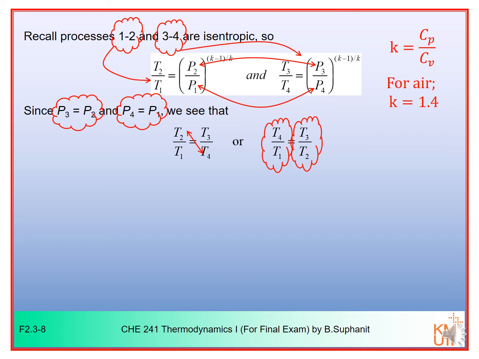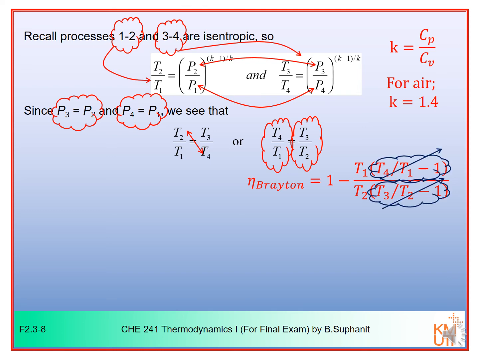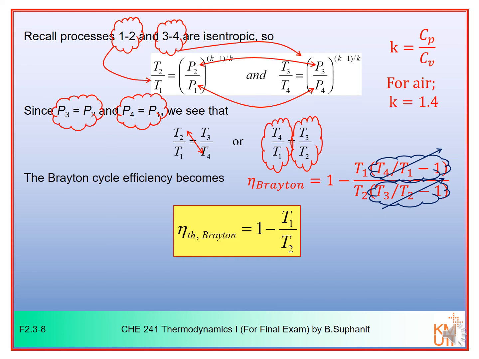Now we get what we are looking for, since the temperature ratios in the top and the bottom brackets from the equation in the previous slide are equal. The terms in the top and bottom brackets can be cancelled out. The Brayton efficiency equation can then be reduced into a very simple form, which is 1 minus T1 over T2.